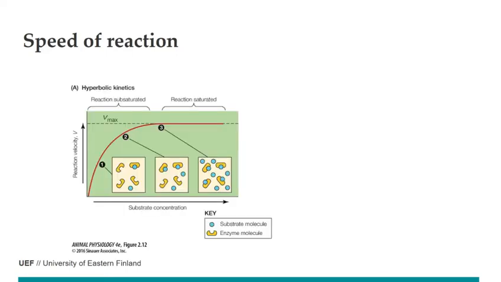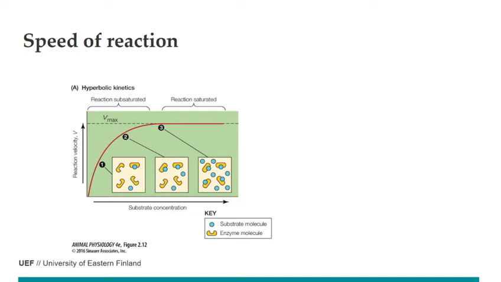Enzymes can be fast or slow, so they have some kind of speed. This speed can be tested easily by measuring enzyme activity in the presence of different concentrations of substrate.